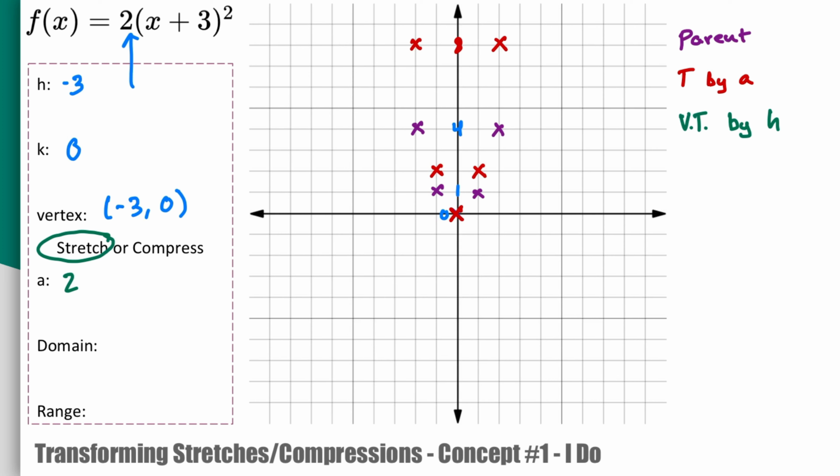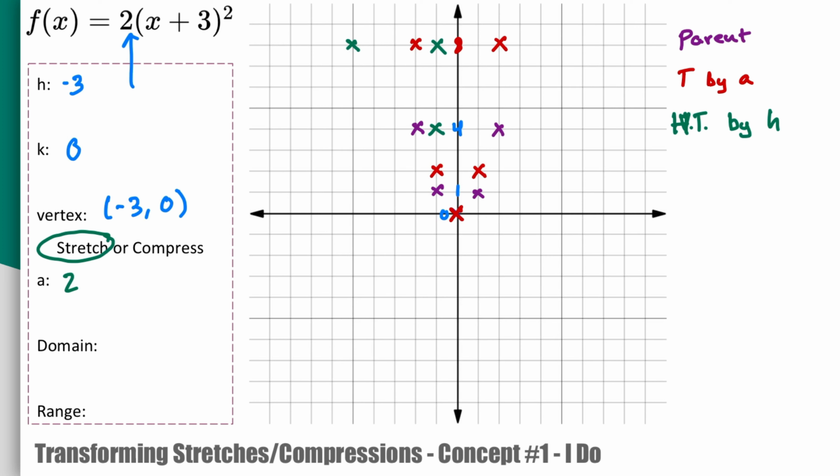Okay, actually, sorry, that's a horizontal translation. Excuse me. Okay, so we have negative 3, so we need to go to the left 3 spaces on all those points. So that would be here, that would be here, that would be here.